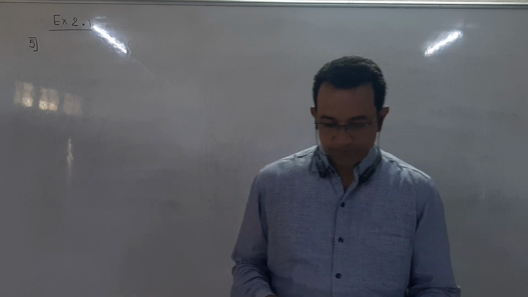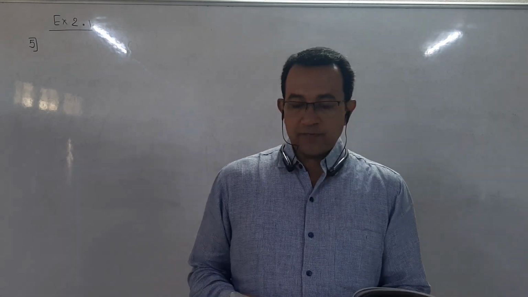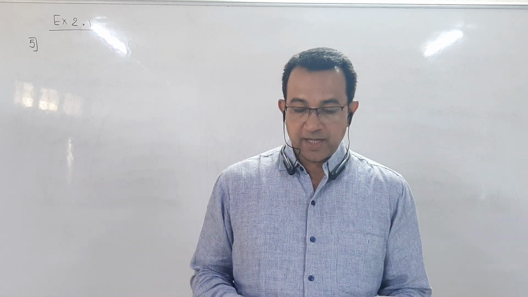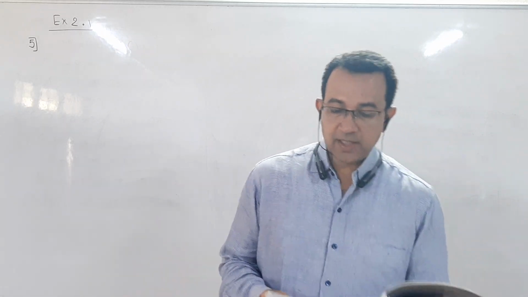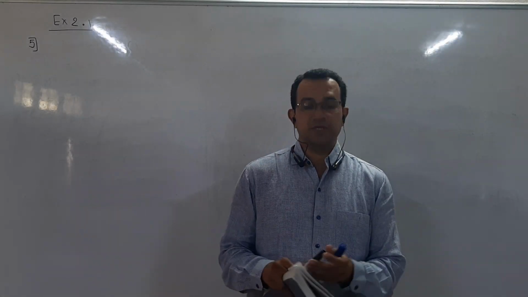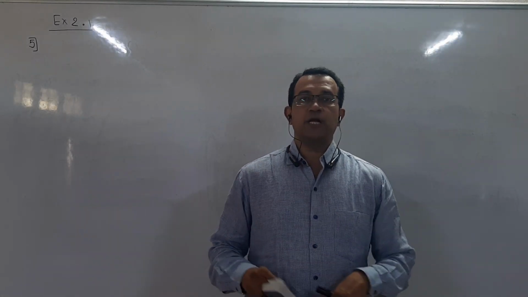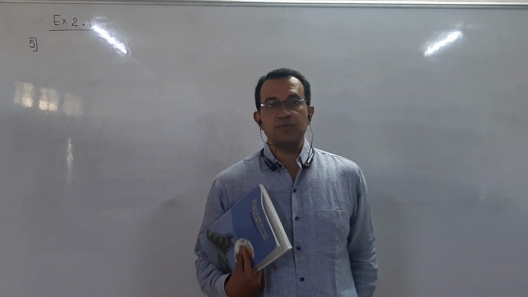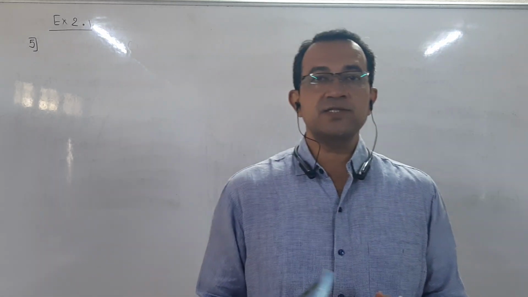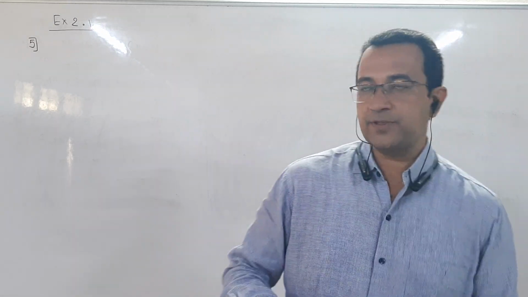What is the sum? From the following frequency distribution, obtain less than and more than type cumulative frequency distribution. We have to obtain two types of cumulative frequency distribution, students. One is less than type and other is more than type.